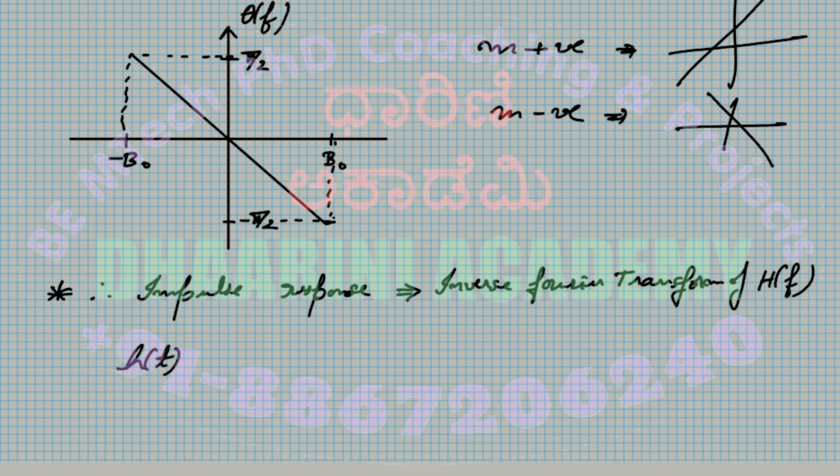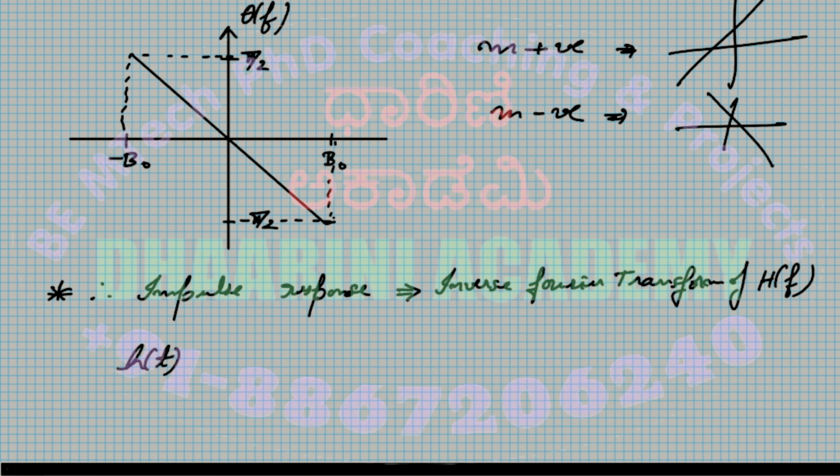The frequency response is the Fourier transform of h of t. But now I don't have h of t, I have h of f. So if you want to calculate h of t from h of f, you have to take the inverse representation. The general equation is the integral from minus infinity to plus infinity of h of f into e to the power plus j 2 pi f t df. You see, integration happens in the frequency domain. That's why it is df.